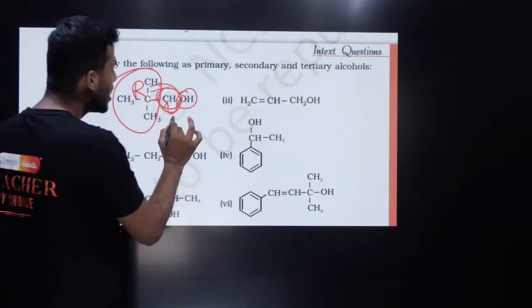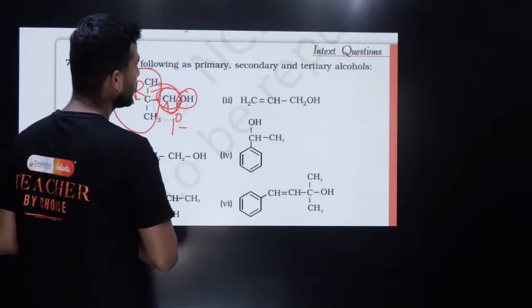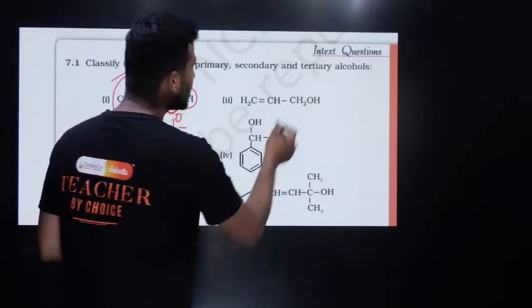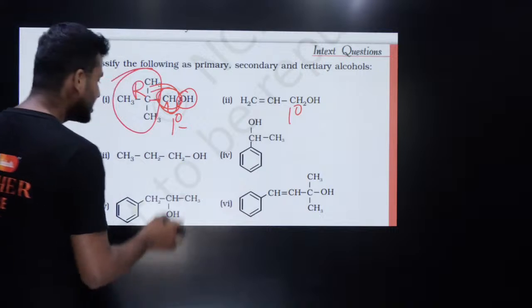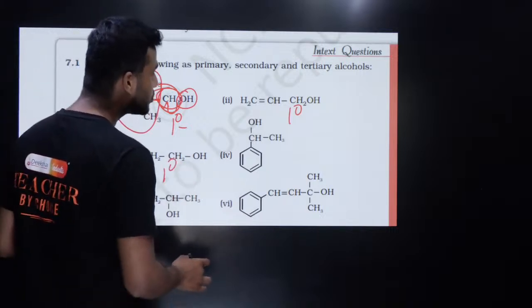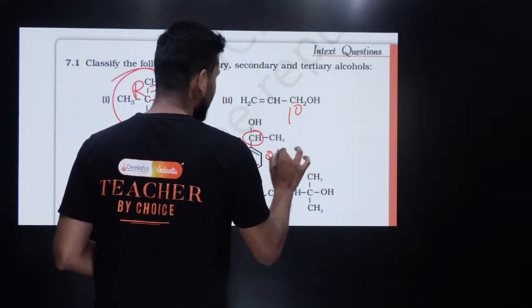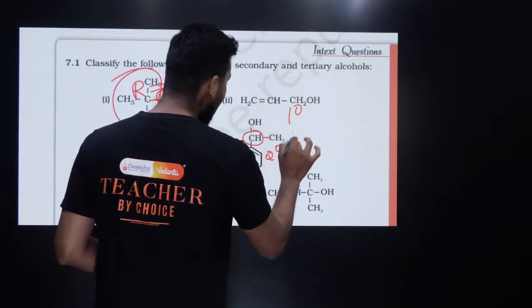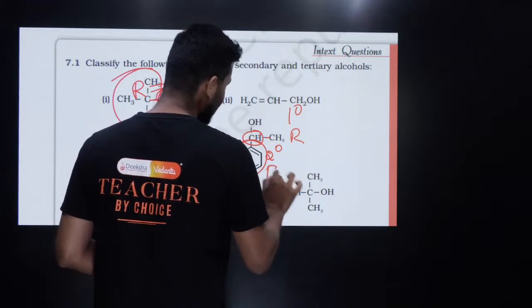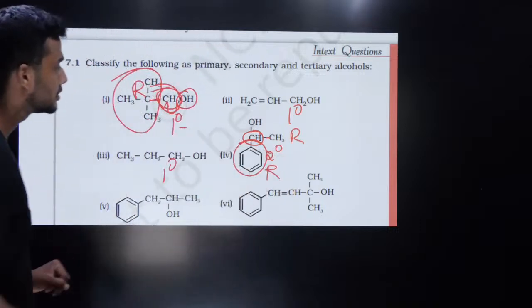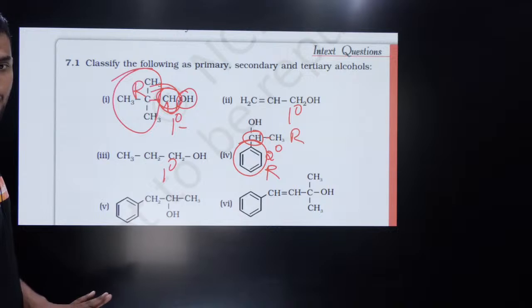That's why this one is primary alcohol. In this compound also, same, primary. In this example it is also primary. In this one, students, only one hydrogen is present, so it is secondary. Here is one R group, and this is taken as another R group. That's why it is secondary alcohol. Okay, students.